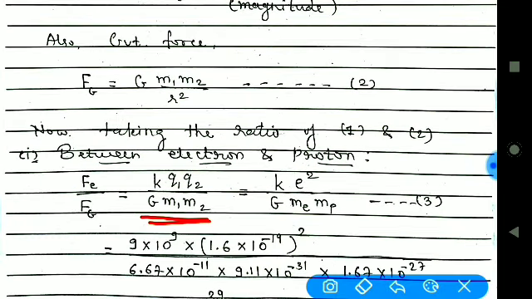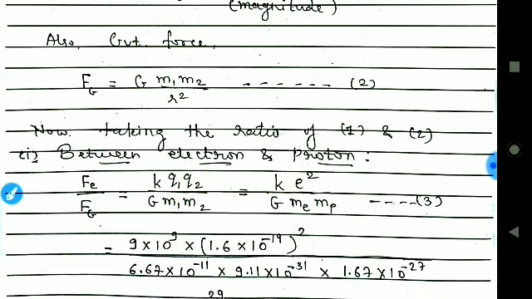Now here the charges Q1 and Q2 are nothing but E, because the charge on an electron and the charge on a proton is the same, and so here E into E, that is E square. So K E square upon G, mass of first particle that is electron, so it is Me, and mass of second particle M2 is nothing but the mass of the proton, because we have considered one electron and one proton.